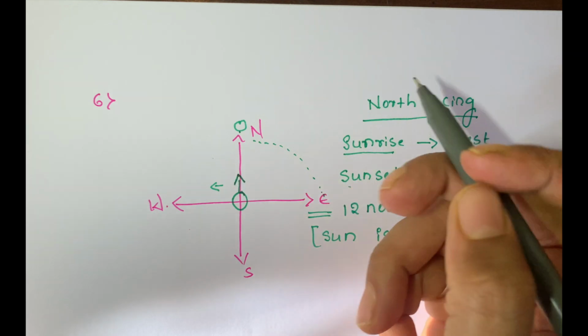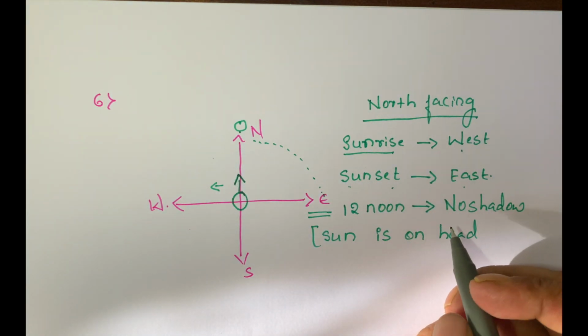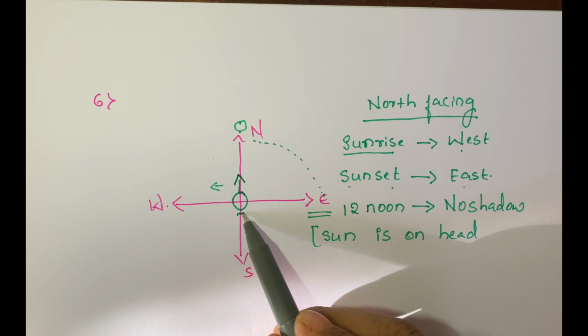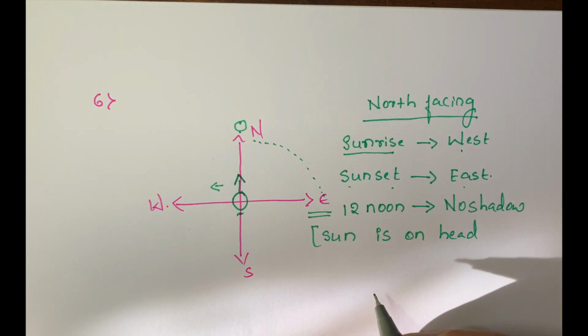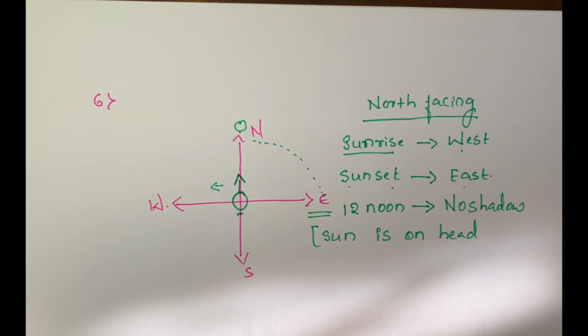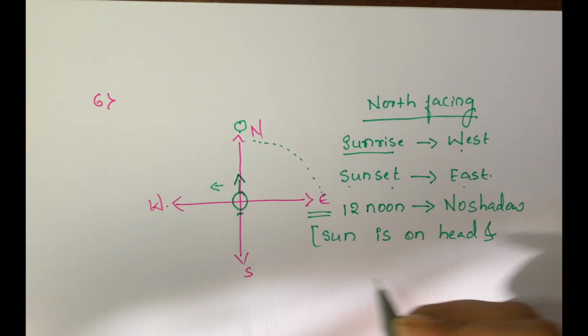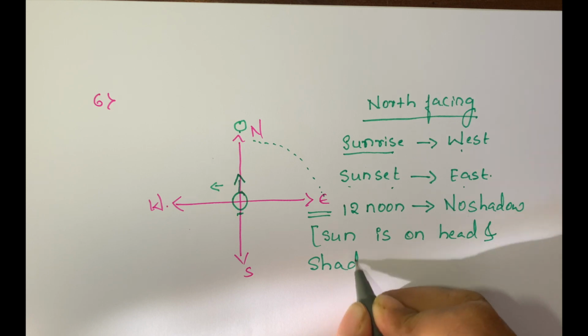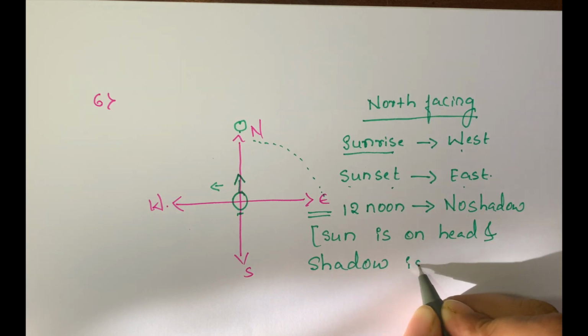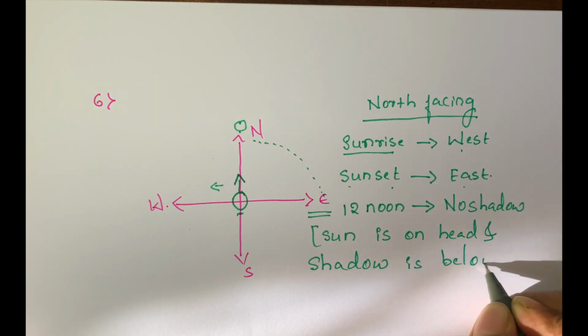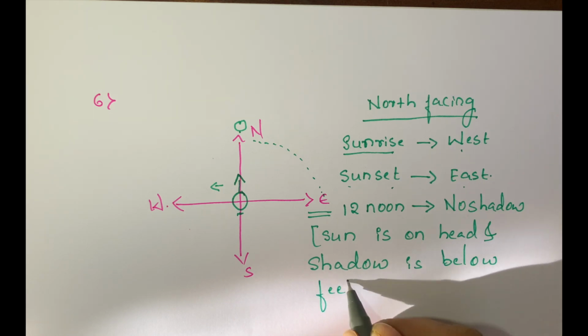The shadow will be towards the feet of the person, below the feet of the person.